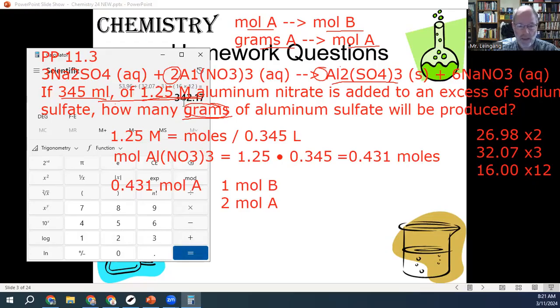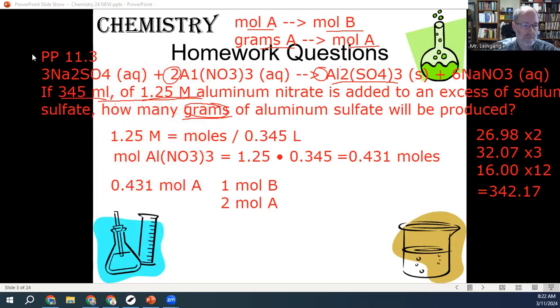And it says the molar mass of aluminum sulfate is 342.17 grams per mole. So I'm going to put that as my next part of the conversion. Moles on top, so there's got to be moles on the bottom. 1 mole of aluminum sulfate has 342.17 grams.